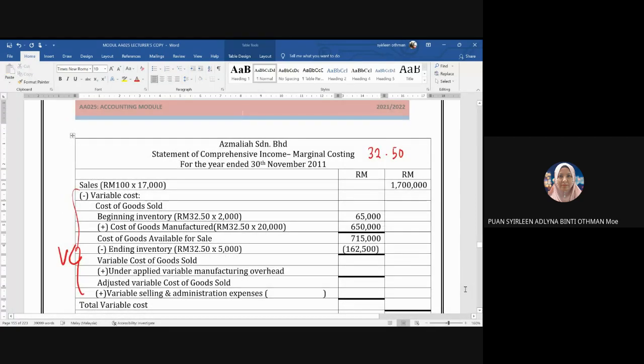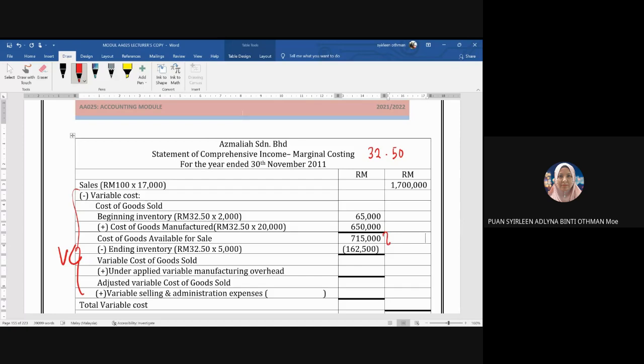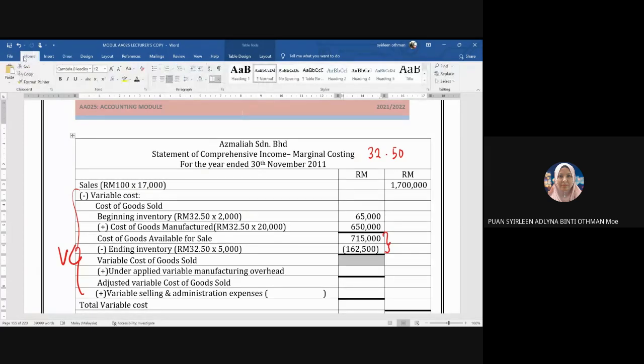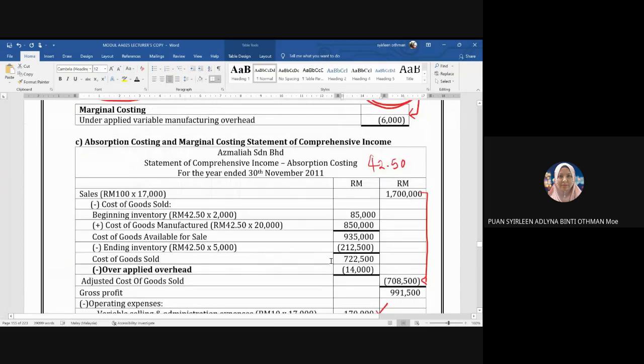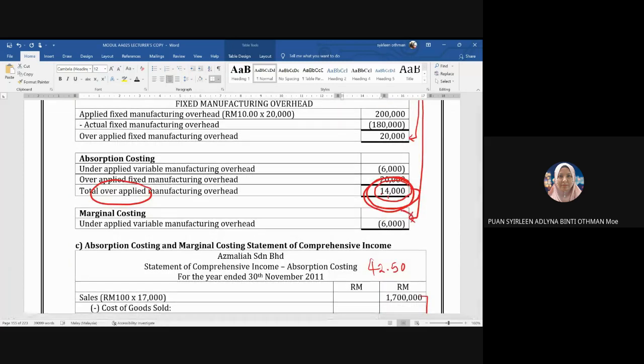Okay, so now we have deducted these two. Wait a moment. We have deducted these two. Alright, so you will get your variable cost of goods sold. We only got variable cost of goods sold, not the full amount yet. Okay, and then we are going to do the adjustment. So earlier when you did the adjustment, you look here, you got under applied by 6,000.